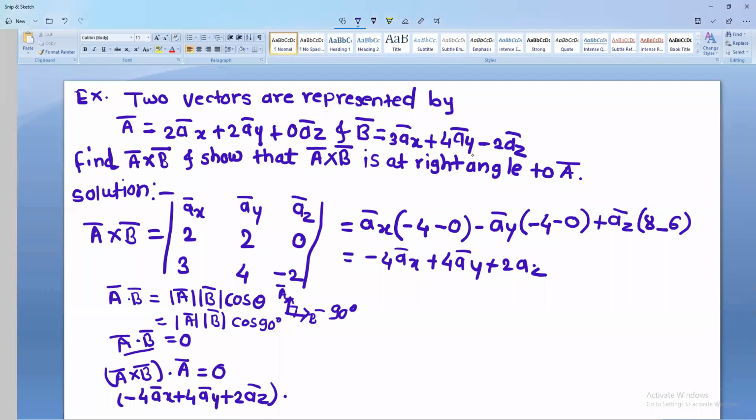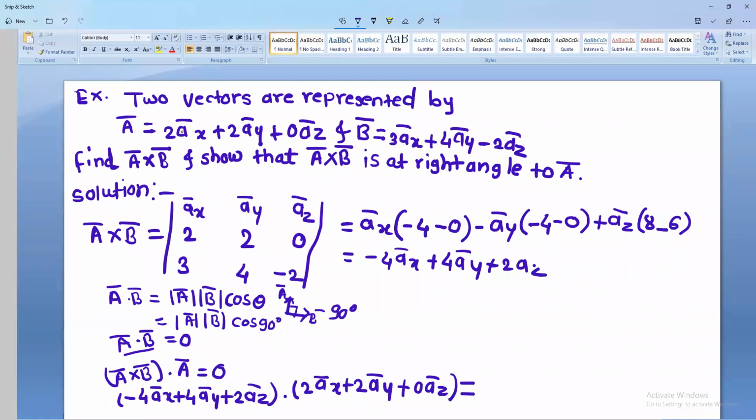Dot a bar. Now what is vector a bar? Given above, dot vector a bar, in bracket, it is 2 a bar x plus 2 a bar y plus 0 a bar z.